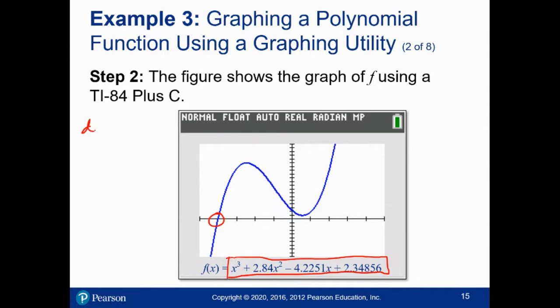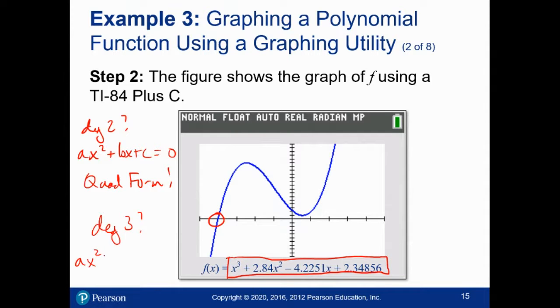For degree 2 polynomials, you would have ax squared plus bx plus c. How do I find the roots of that? You would use the quadratic formula. If you are of degree 3, is there a formula to find all roots of something like ax cubed plus bx squared plus cx plus d equals 0? There is a formula. It's a nightmare to use.